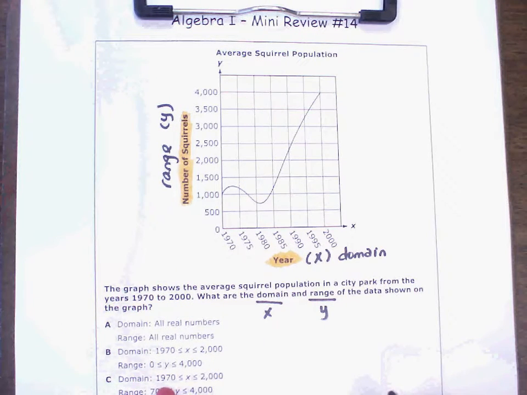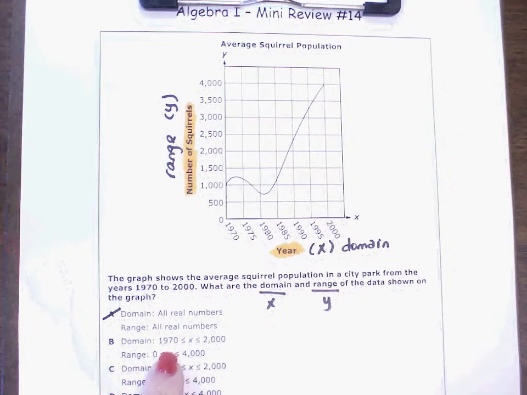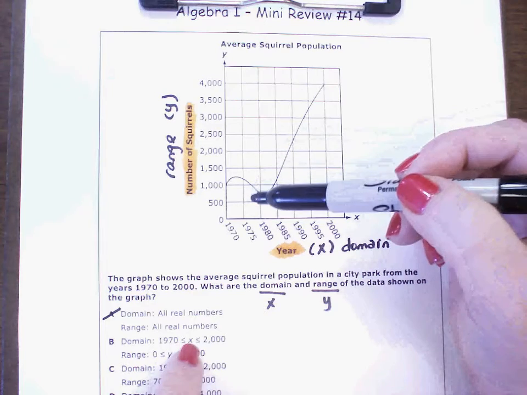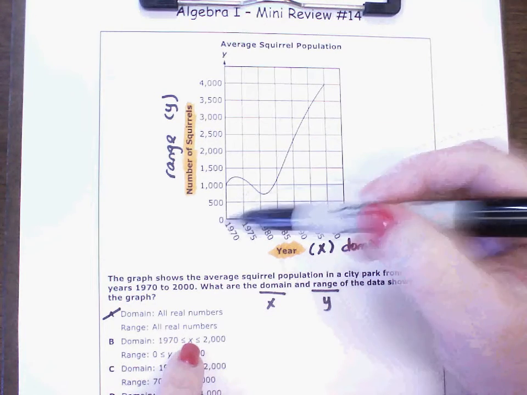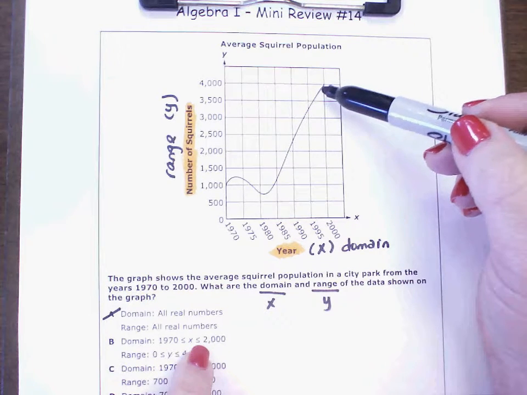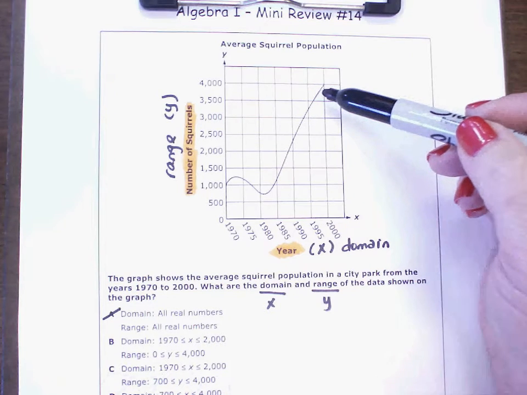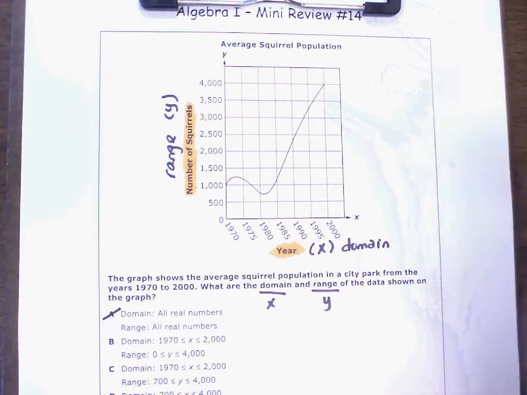All right, so the year starts in 1970, so it's definitely not all real numbers. So I can eliminate A. It's got to be greater than 1970 and less than 2000. That is correct. It's definitely not D. It's not 700.